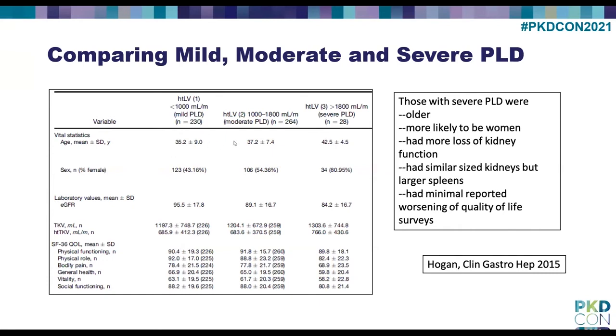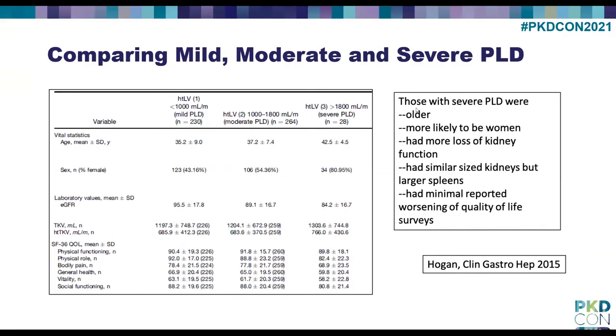And here you can see that the people with the most severe disease tend to be a little bit older, and that really with the severe disease, these tend to be women. So by the time we look at the folks with severe disease, defined as a liver volume that's greater than 1,800 mils per meter, most of these patients are women.